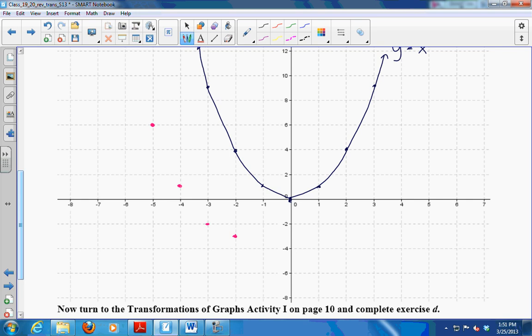This one at 1, 1, I go left 2, and then down 3. Left 2, down 3. Left 2, down 3. And I've got all my key points plotted. And this is the graph y equals (x minus 2) squared minus 3.